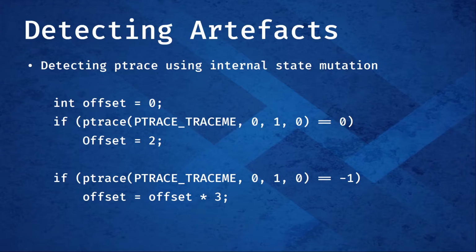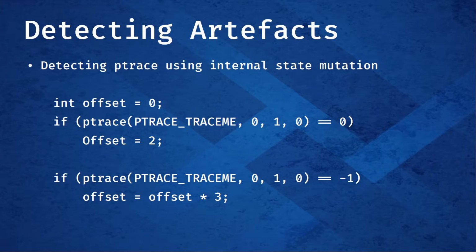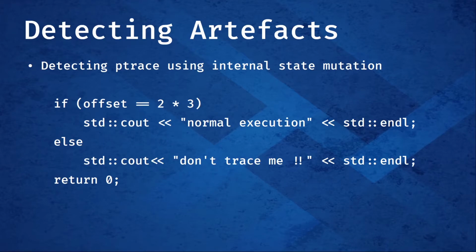For example, here I am maintaining a variable, and then after some modifications, some mutations, I can check if my internal state is as expected. For example, here I am modifying this variable offset, and for the first call I am just setting it to 2, for the second call I am multiplying it by 3. So after everything has gone successfully, it should be 2 into 3, as in 6. Otherwise there is something else going on.